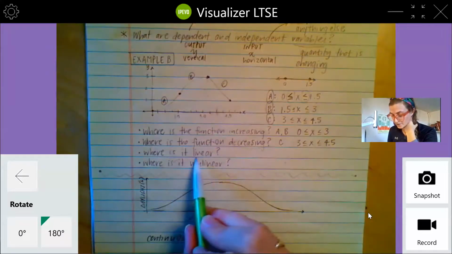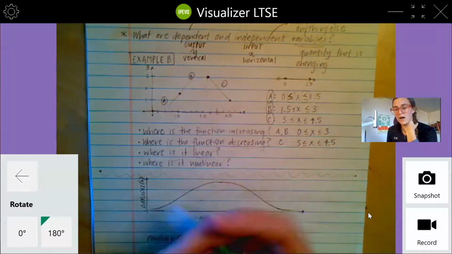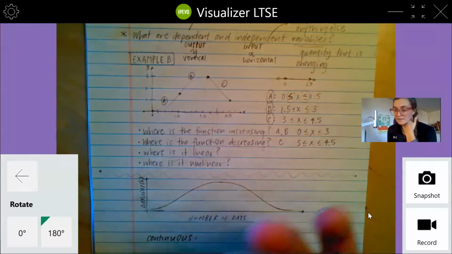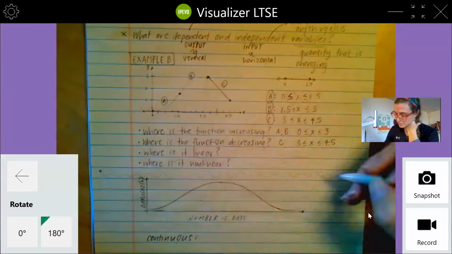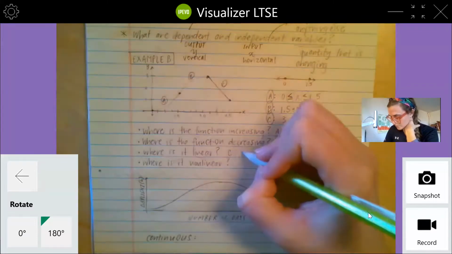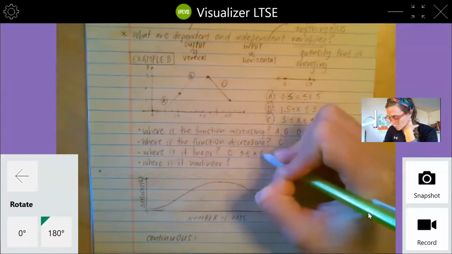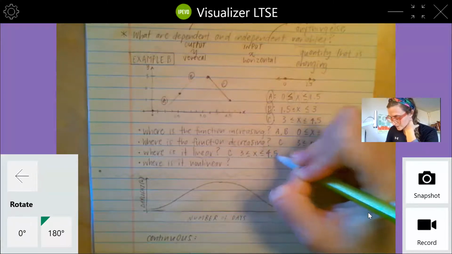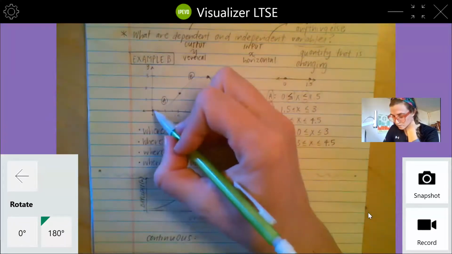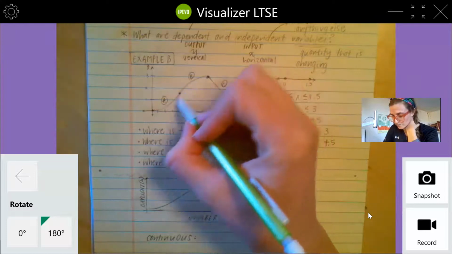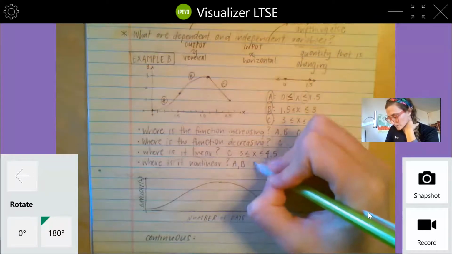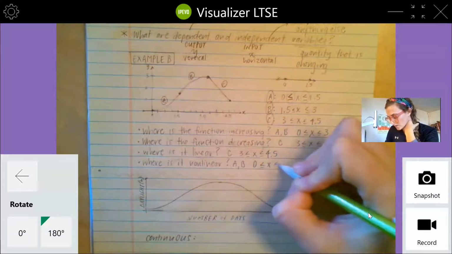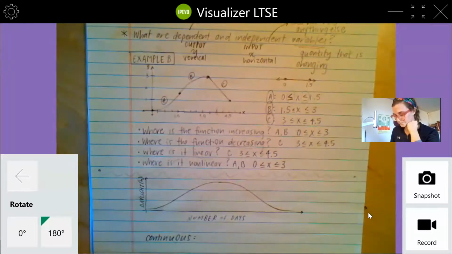Where is it linear? So where does it look like a line? That would be right there. It's straight right there, so that would be in interval C again, from 3 to 4.5. And where is it nonlinear? Well, that would be in this curved portion, so intervals A and B, from 0 to 3. All right.